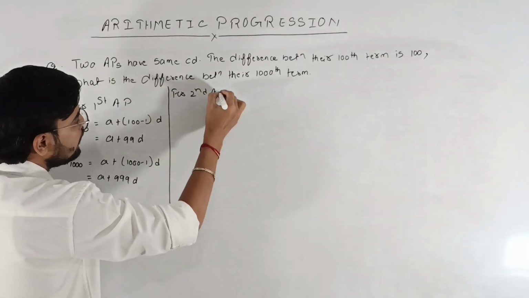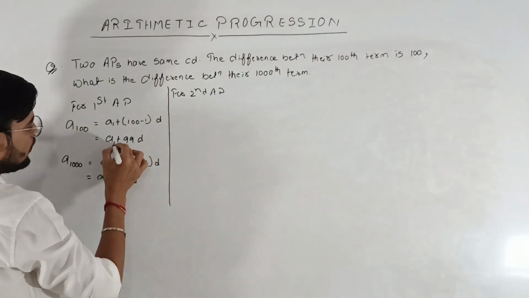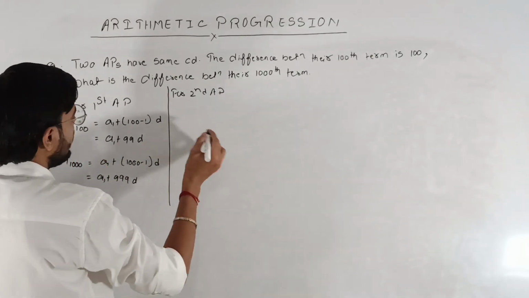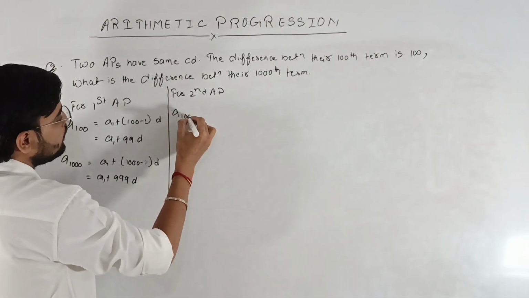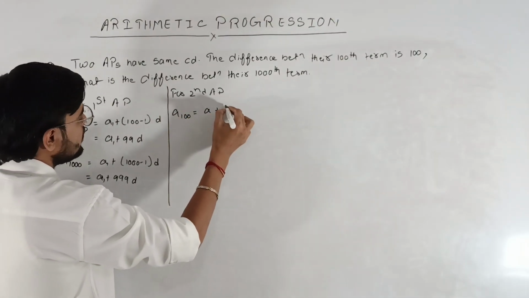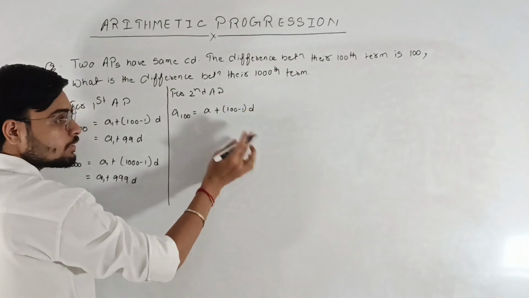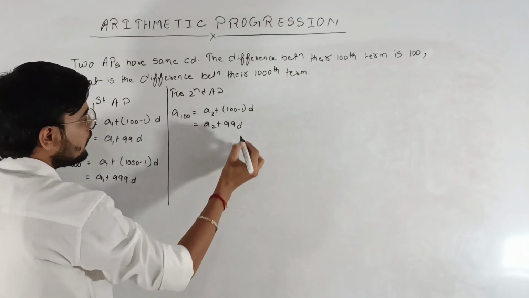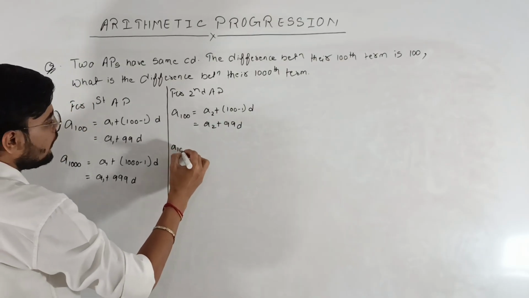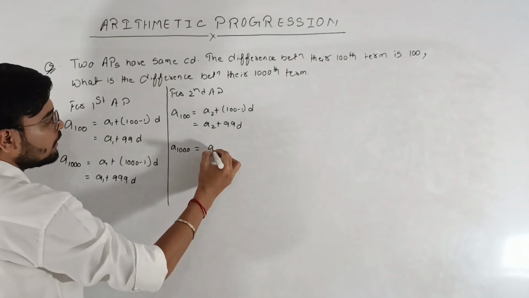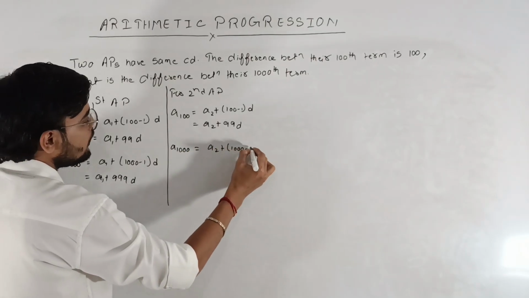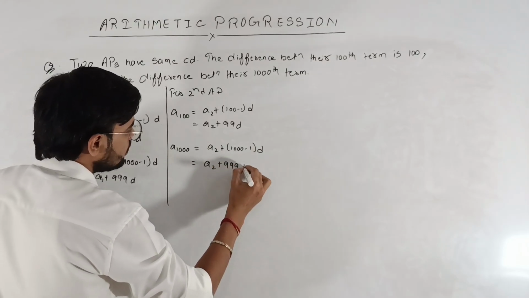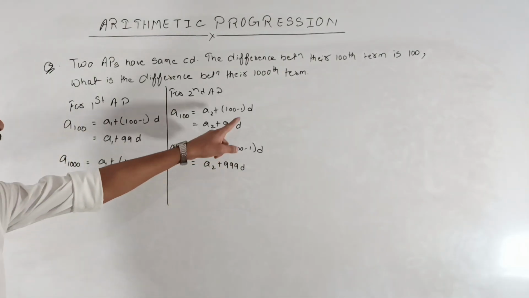For the first AP I took A1, and for the second AP I took A2. The 100th term is again A2 plus 100 minus 1 into D, so A2 plus 99D, and the 1000th term is A2 plus 1000 minus 1 into D, that is A2 plus 999D. D is common, that's why I take only D for both.